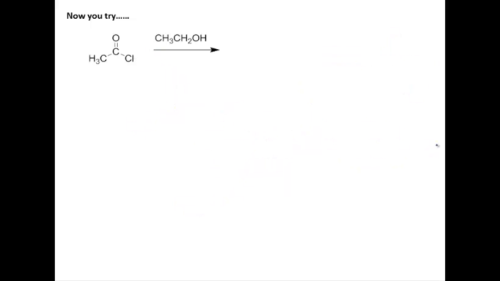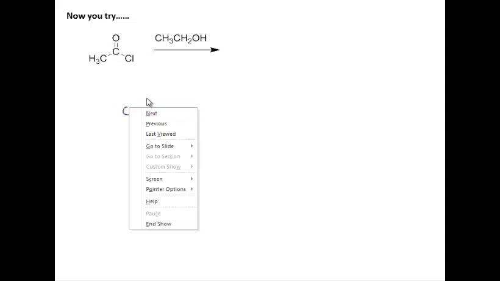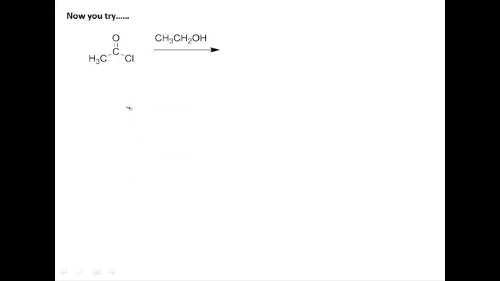Okay, the next one, this is ethanoyl chloride with ethanol. So we need to draw out our alcohol such that it shows our lone pair that we're going to use. In it goes here, out into the oxygen.